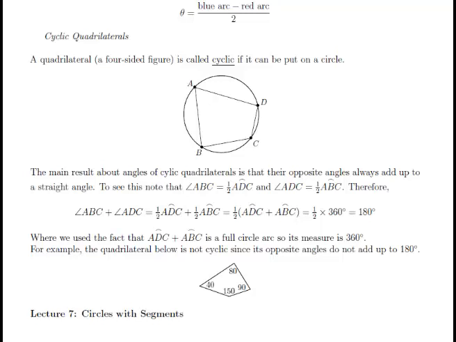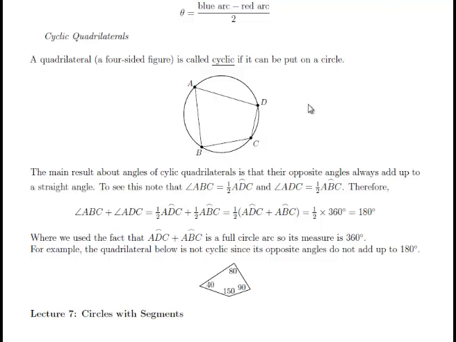Anyway, the point is, if you take any kind of a quadrilateral and circumscribe it in a circle, the only way to do that is to draw it so that opposite angles equal up to 180. Opposite angles have to be supplementary. So for example, angle D and angle B would have to equal up to 180.